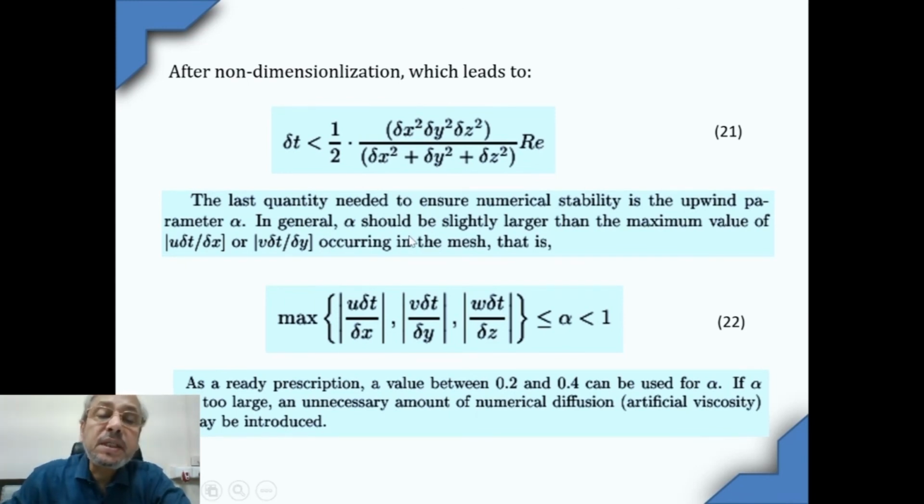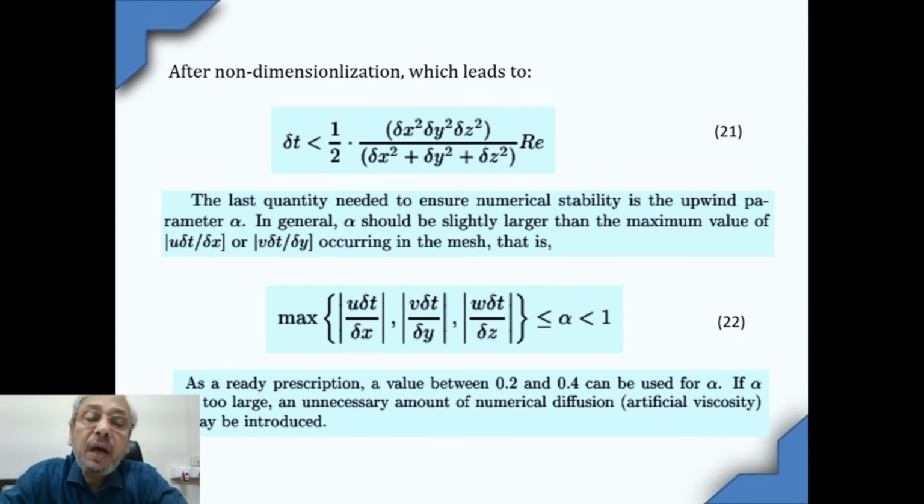The last quantity needed to ensure numerical stability is the upwinding parameter alpha. You recall that in the discretization we defined this alpha, which is the contribution of upwinding.